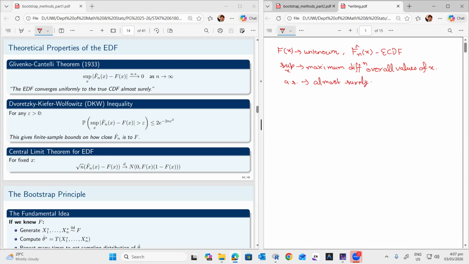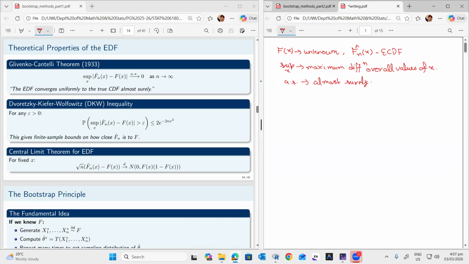So this theorem states that as sample size increases, the entire empirical CDF gets closer and closer to the true distribution curve everywhere, not at just one particular point, but at all the points simultaneously.